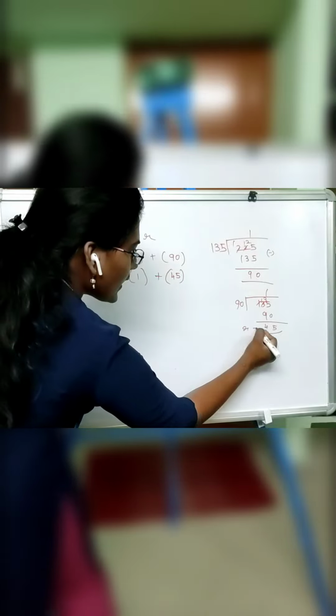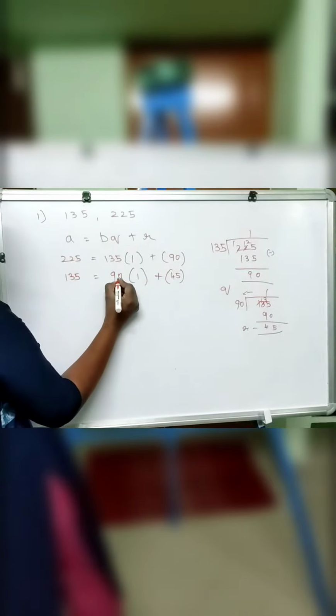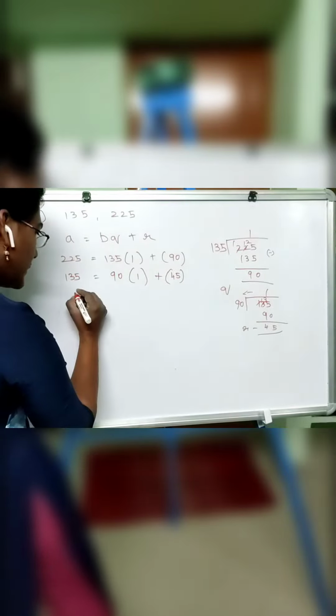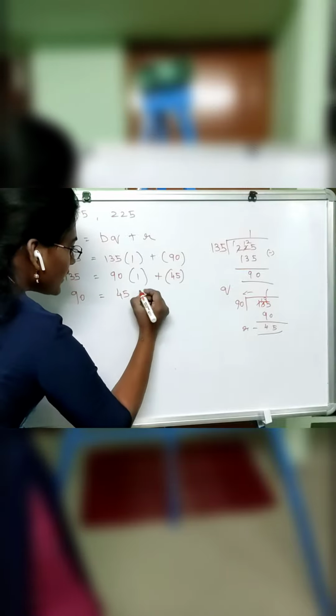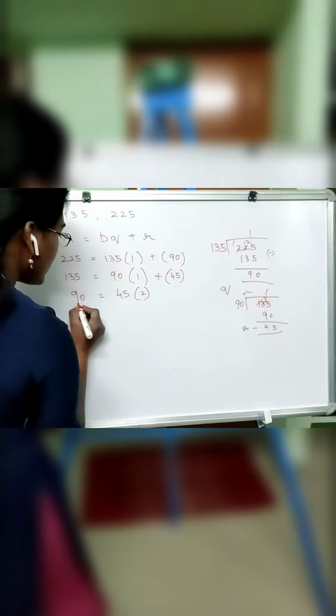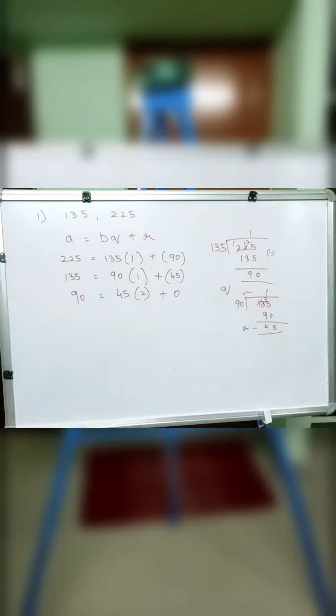This is R and this is Q. Okay, so this is again now A and this is B. 90 equals 45 into 2 times gives me 90 plus 0. So I got the remainder as 0.